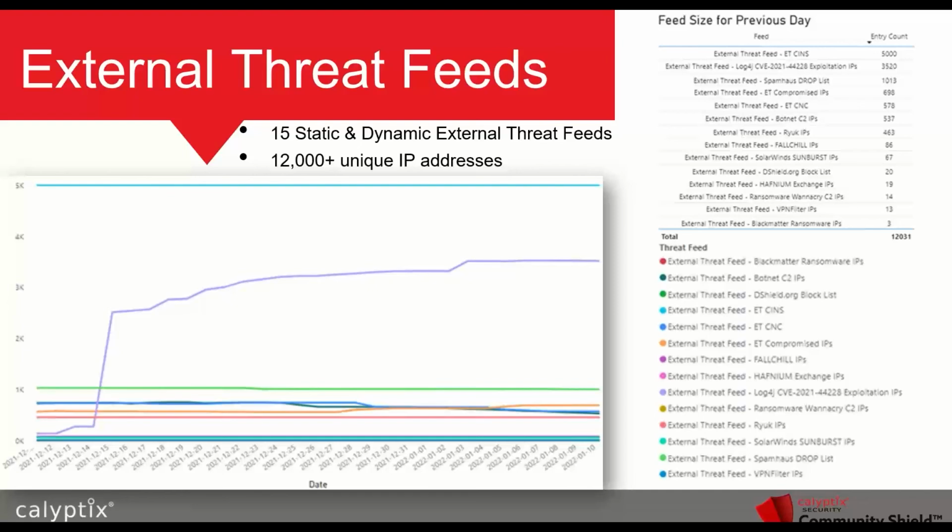We have to be careful about what we put on the list, because taking external threat feeds can be helpful on the one hand, but those lists have to be vetted, and they're typically not static. So you're introducing a dynamic flow of data into your threat feeds.